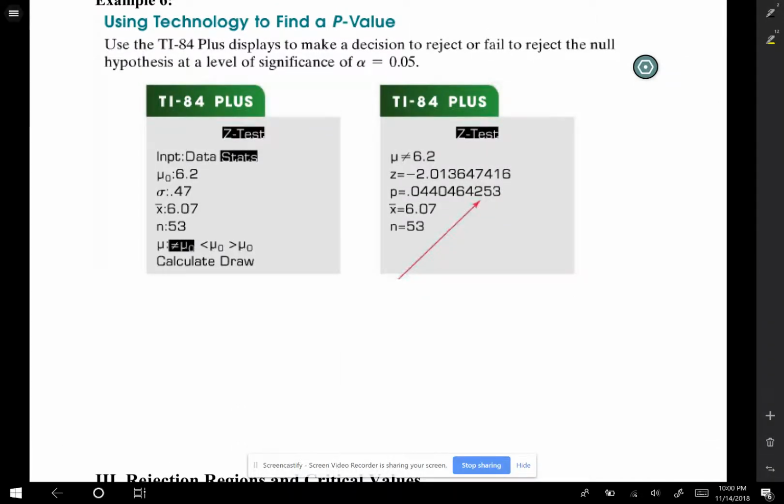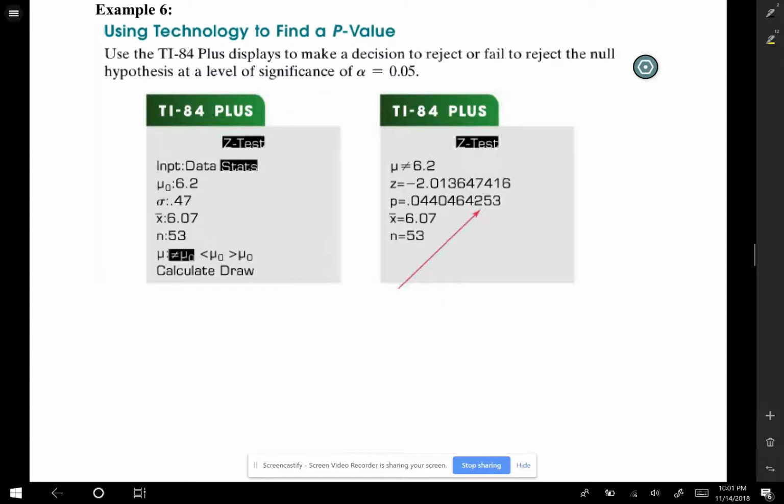Okay, on using technology, I included this, but like I've explained in the previous sections, it's much quicker just to use the table. The advantage the calculator has is if your values aren't exactly numbers that are in the table, so it might be a little harder to find them, but you can always get close.